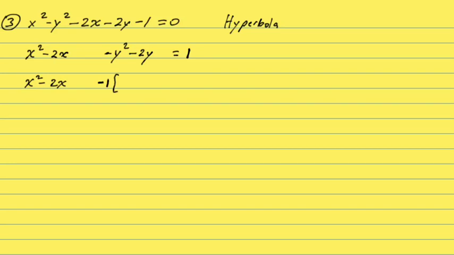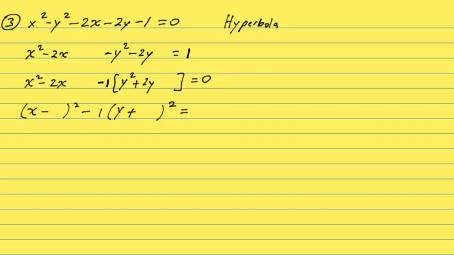You can only do that with the y by factoring out a negative 1. So if you distributed this negative, you'd still have the same thing as above. It's just that now my leading coefficient is a 1, and that allows me to complete the square. So I'm going to say minus 1 times y plus quantity squared.